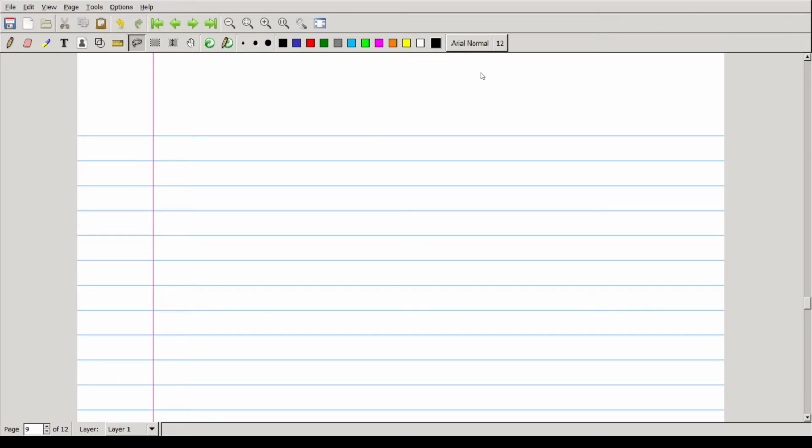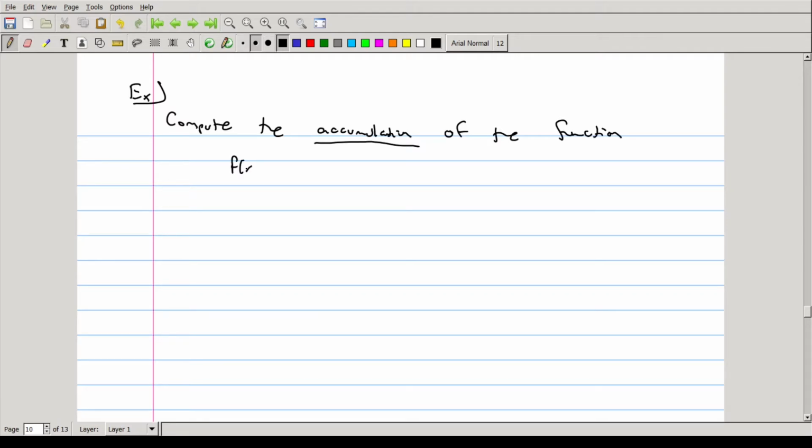So for my next example, what I'll do is go through and show you how to compute the accumulation of the function f of x, y is equal to x times sine of y.